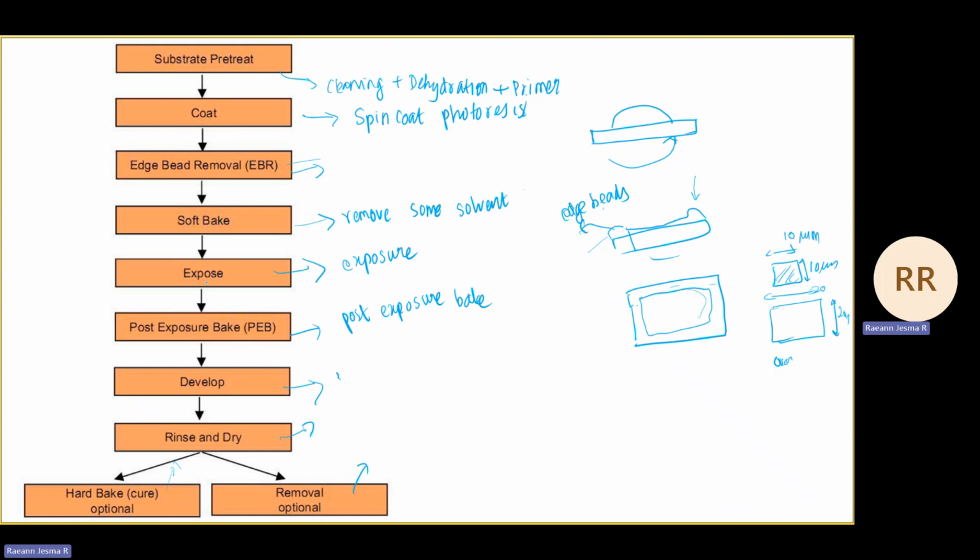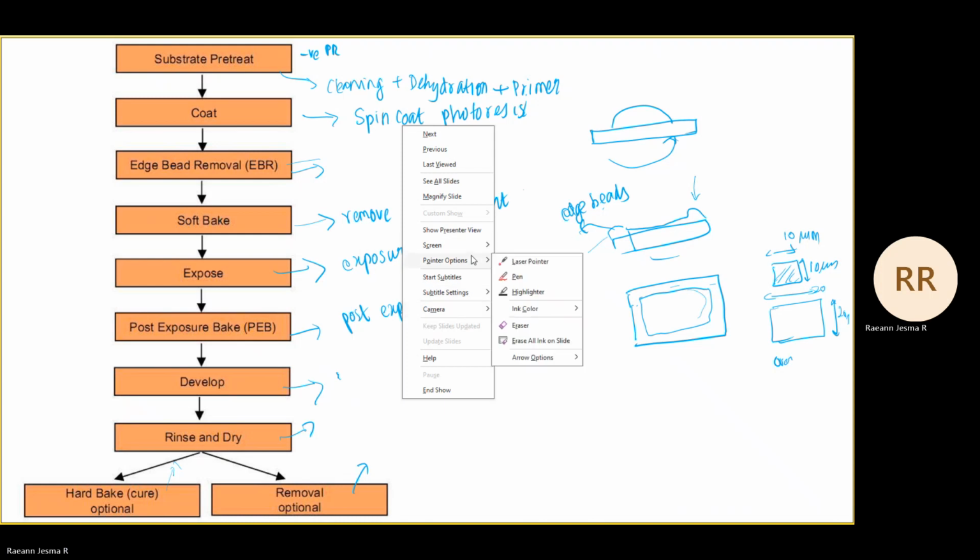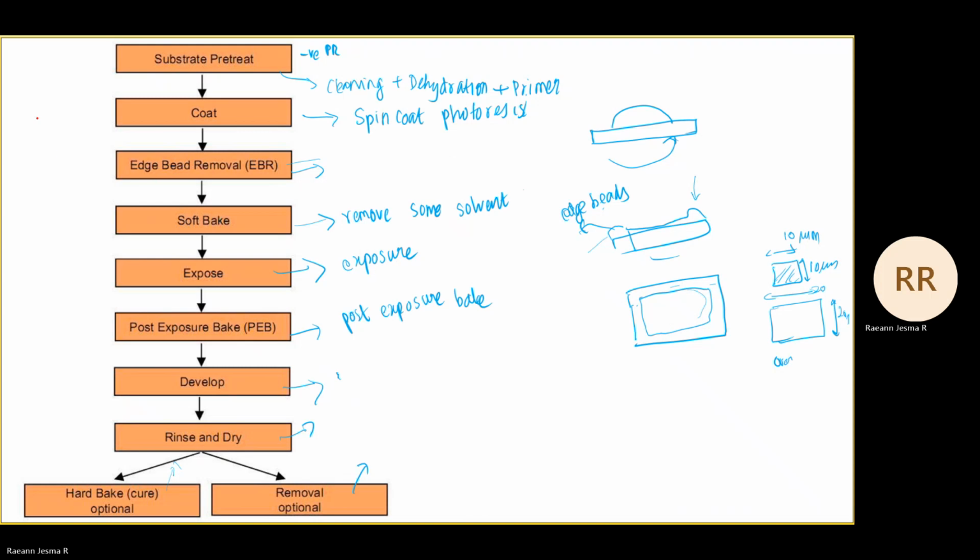In the case of positive photoresist, we'll have substrate pretreatment, then coating, then edge bead removal, soft baking, and exposure.